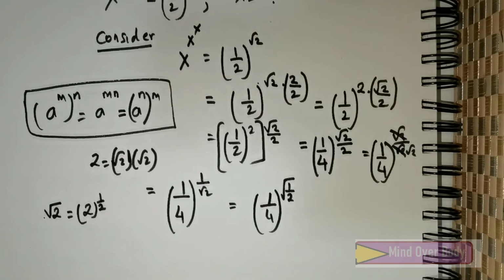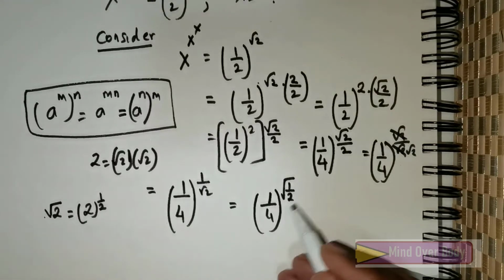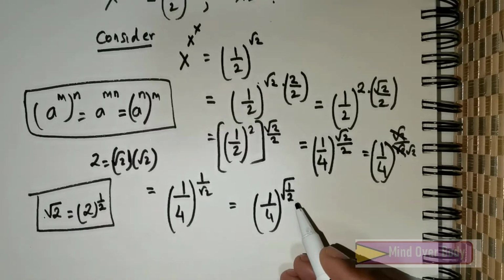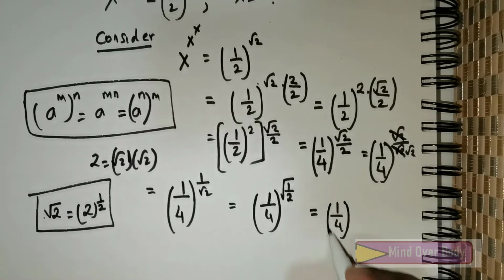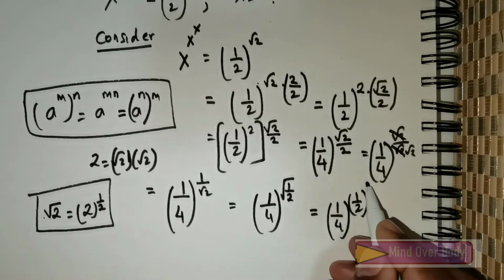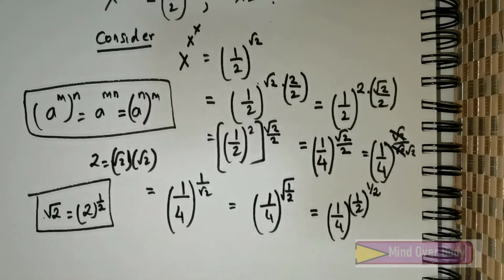Okay, so I'm going to be using the same manner to rewrite root of 1 over 2. So that's going to be 1 over 4 raised to the power 1 over 2, and this is raised to the power of 1 over 2. So this is what I've got.